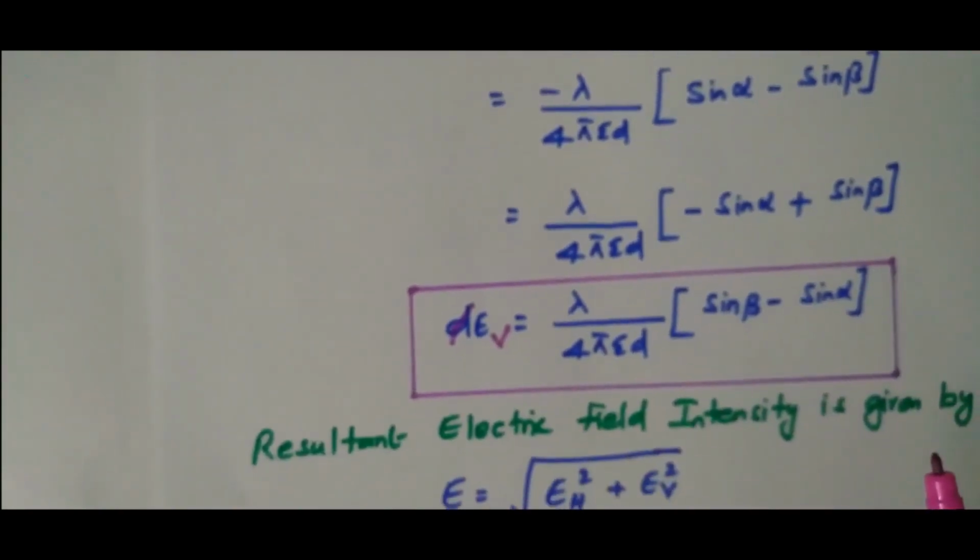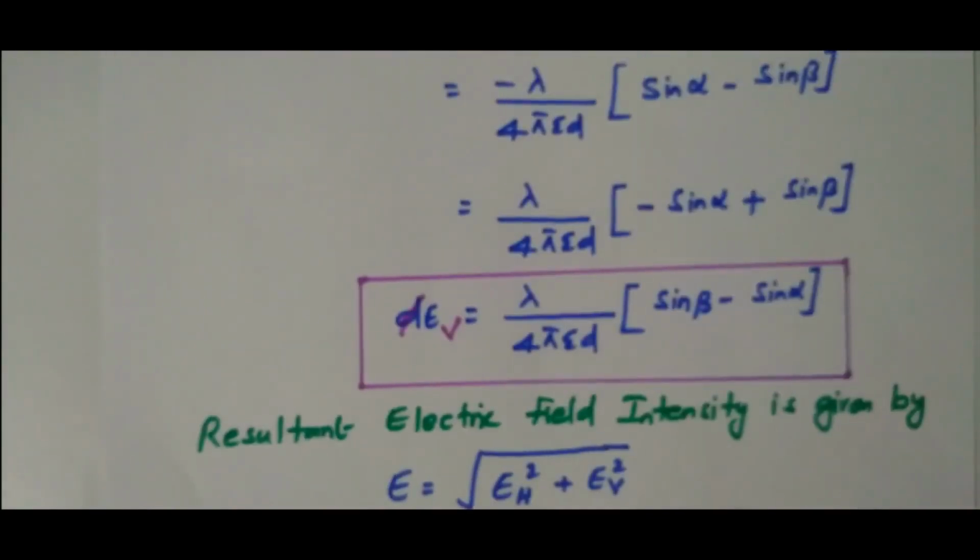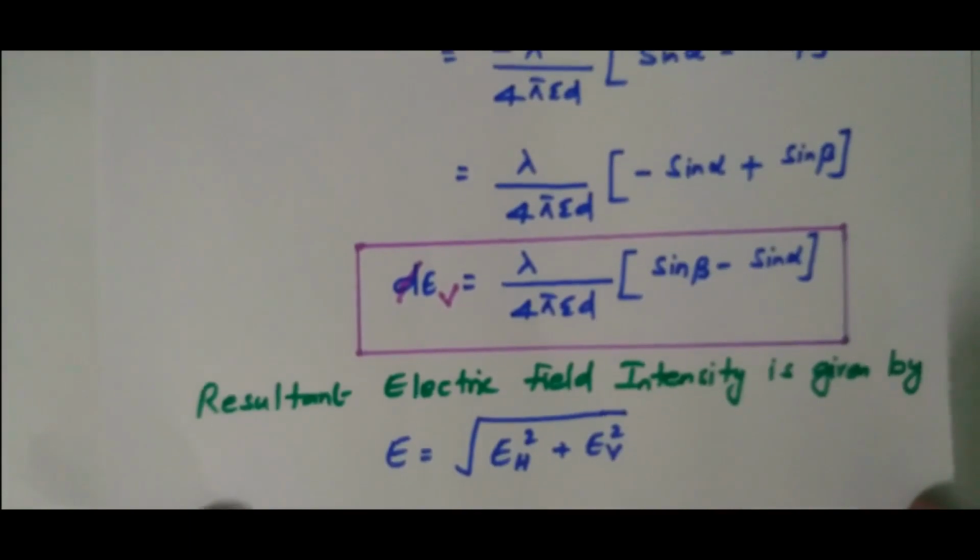Then we get the total component. The resultant electric field intensity is E equal to square root of EH square plus EV square, right?